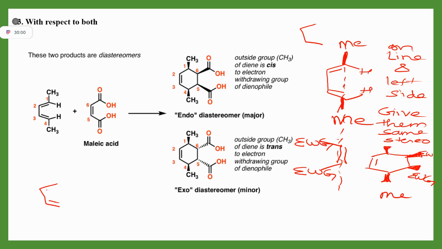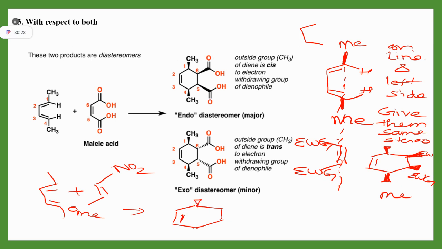Let's say we have this methyl. And in your dienophile, one group is, let's say, NO2 and another group is OMe. I am drawing the product also. You just have to tell me the stereo by using this line approach.